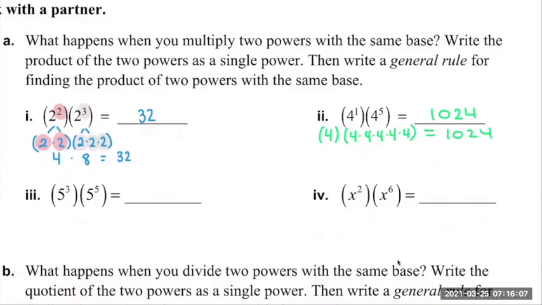So looking at the first question we did and the second question we did, what do you notice? Okay, so we have a 2, we have a 3. Well, we had 1, 2, and then 3, 4, and 5. What's 2 plus 3?